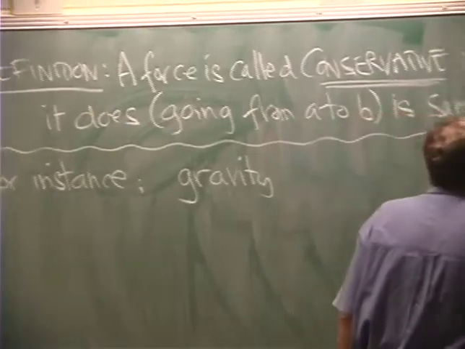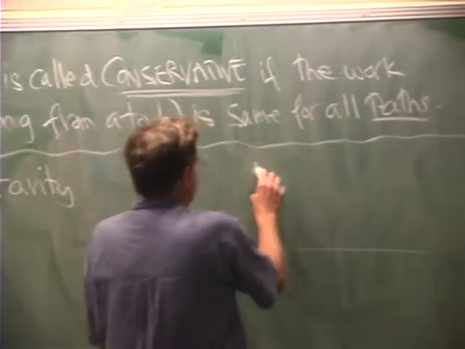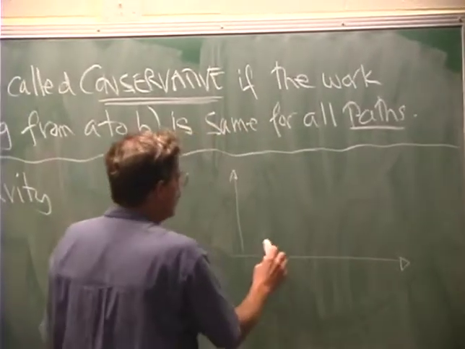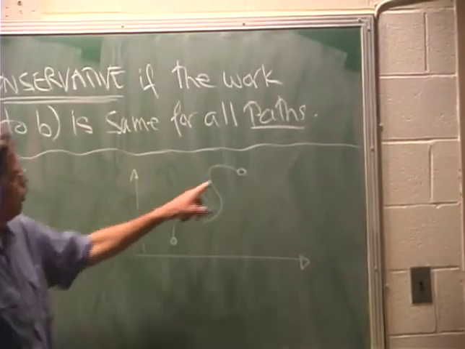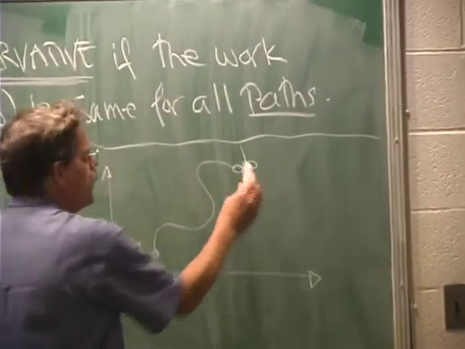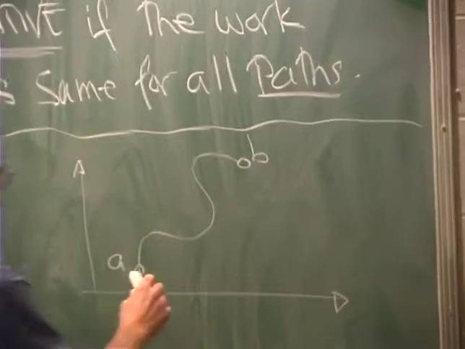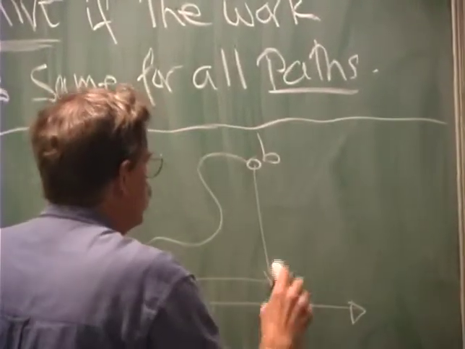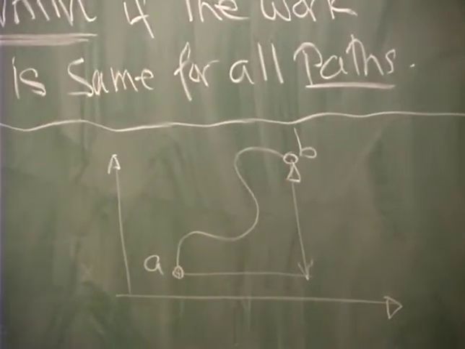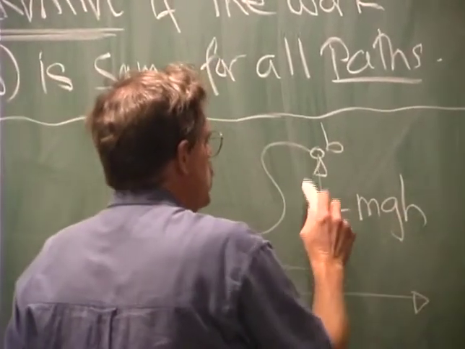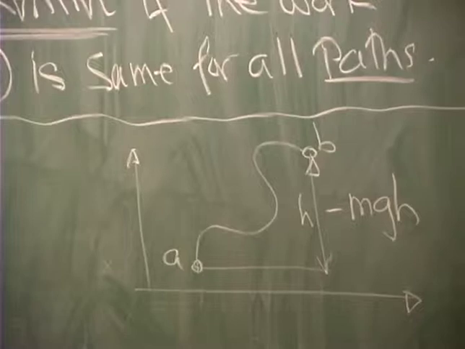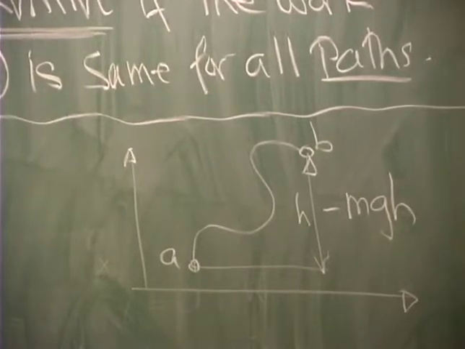If I had, here's the vertical direction and horizontal direction, and I wanted to take some rock and carry it from point A here up to point B, I can tell you that the amount of work gravity does in going from A to B would be minus mgh, where h is this height here.